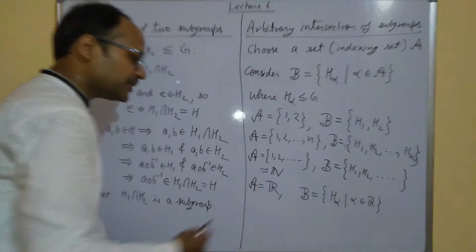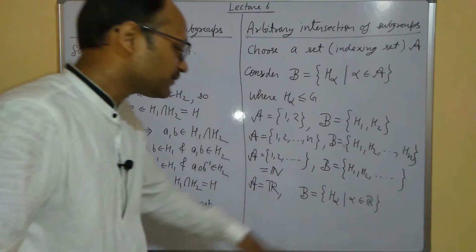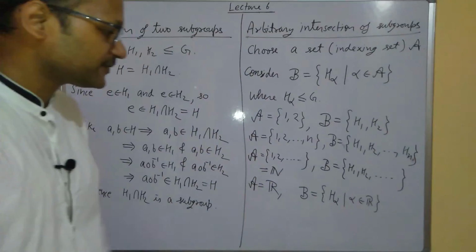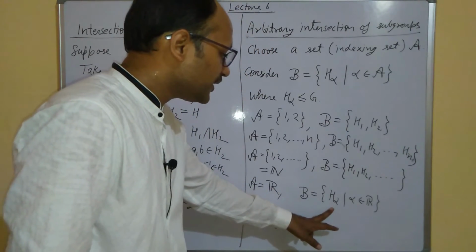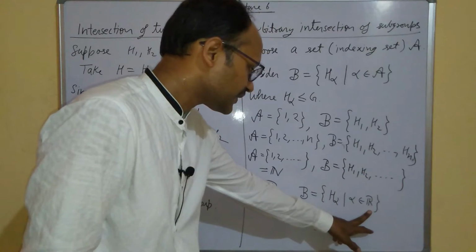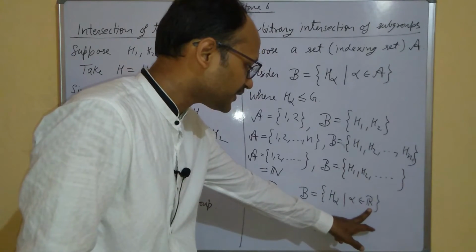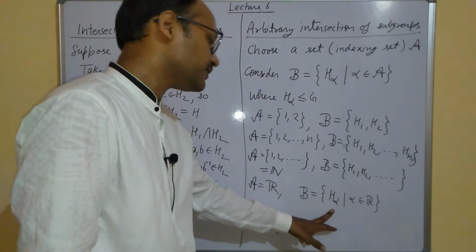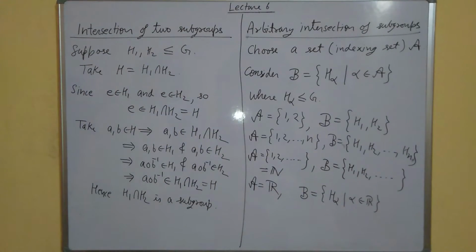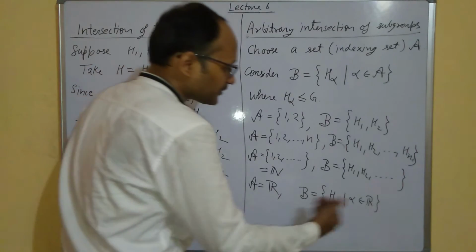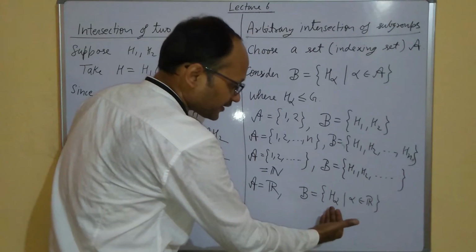So how many elements does this B have? This B has countably infinite, uncountably infinite elements, and for each symbol from this set, that is R, we have a subgroup, and that subgroup is denoted as H alpha. So actually we are not able to write it in this way or any other way.